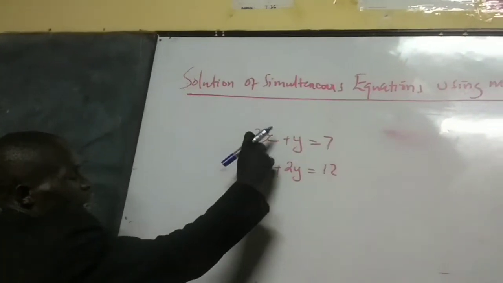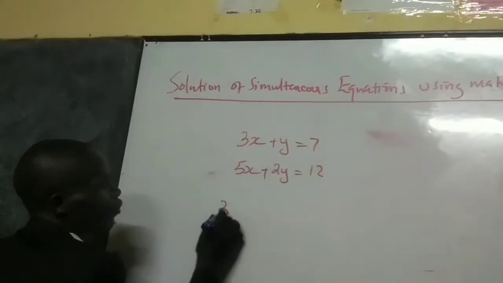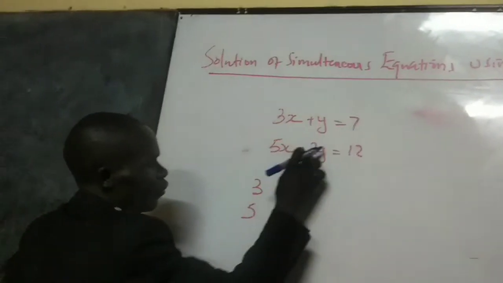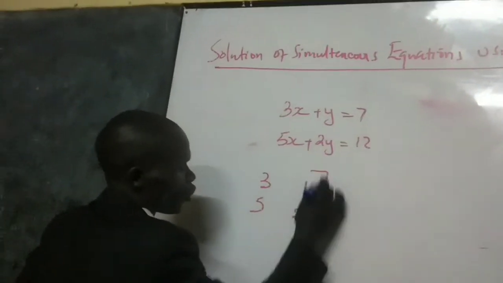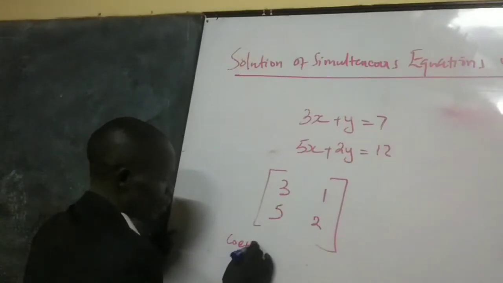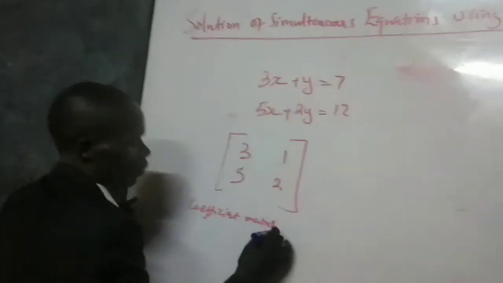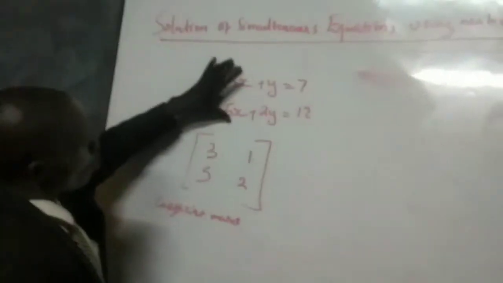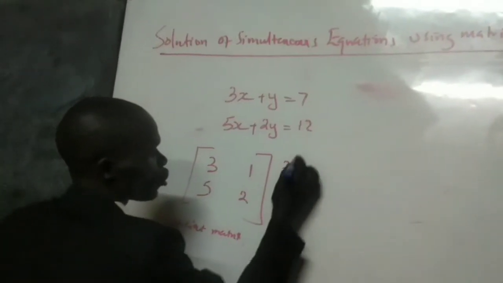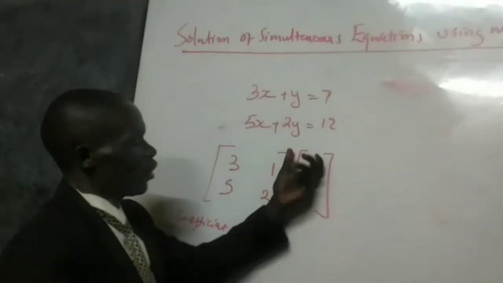The variables are x and y, so the coefficient of y here is 1, the coefficient of x there is 5, the coefficient of y there is 2. So this one gives us what we call the coefficient matrix. Then the variables, now we form a column matrix with the variables so that we have x, y in column form.